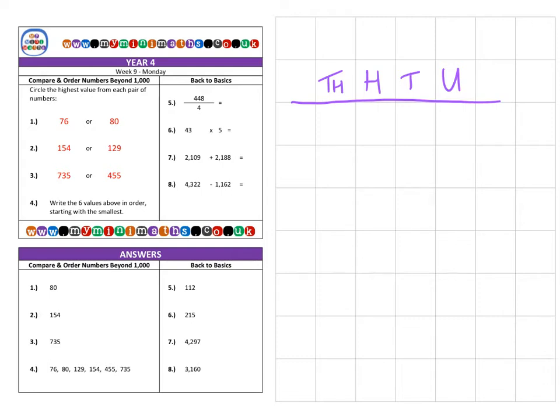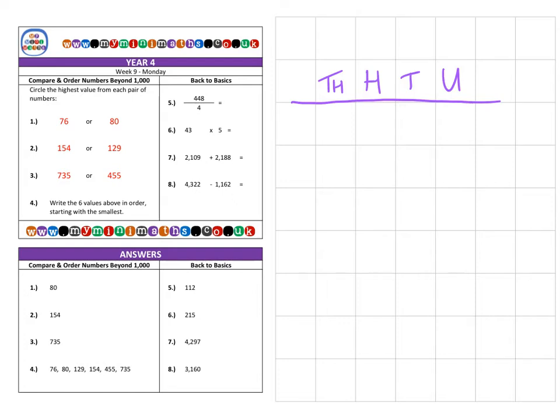So what we're really interested in is coming from this side here, just to check how big the digits are. So if we have a little look at our tens, we can clearly see that 8 tens is bigger than 7. So it doesn't matter what comes after it because the 8 is always going to be bigger. So therefore 80 is the largest value of the two.